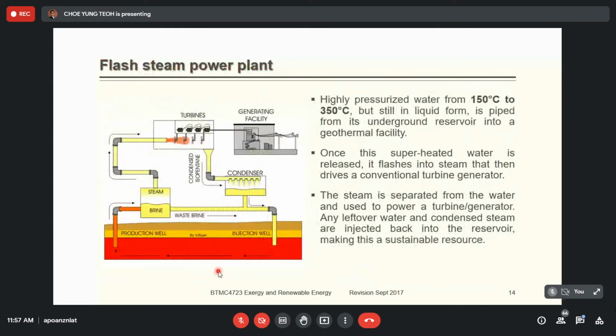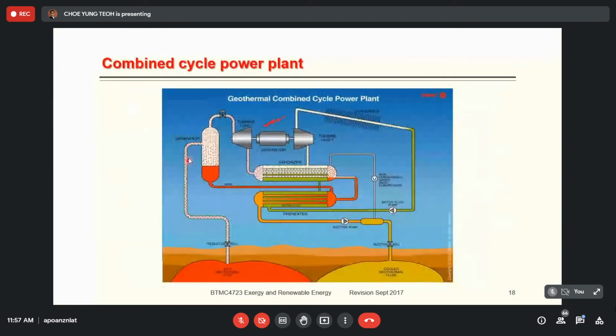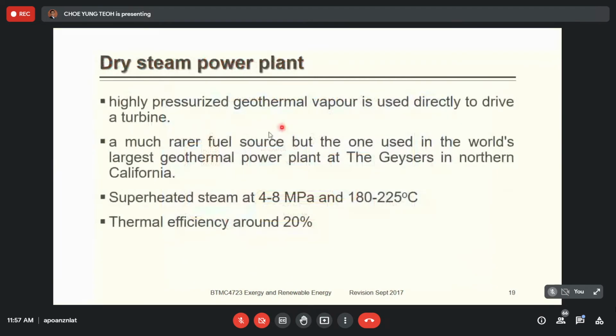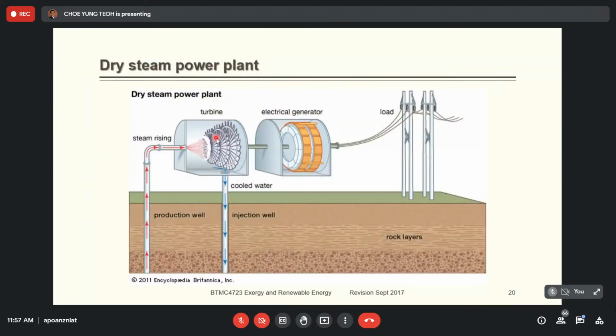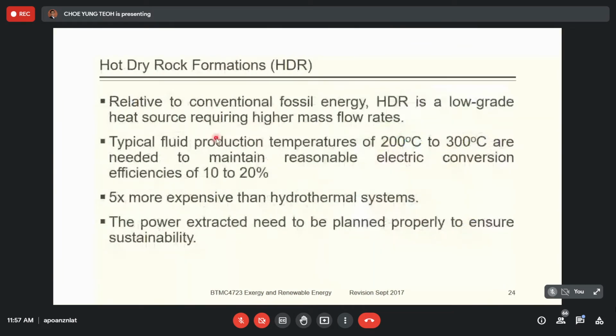Yes, this type definitely will release emissions; it's not a closed system, it's an open system, so there is the possibility of emissions. Binary is a completely closed system, so this one has no emission at all. Combined cycle, there's emission. Okay, dry steam, there's emission. So only the binary cycle will have zero air emission because it is a closed system. The hot water from underground will not be exposed to the surroundings.